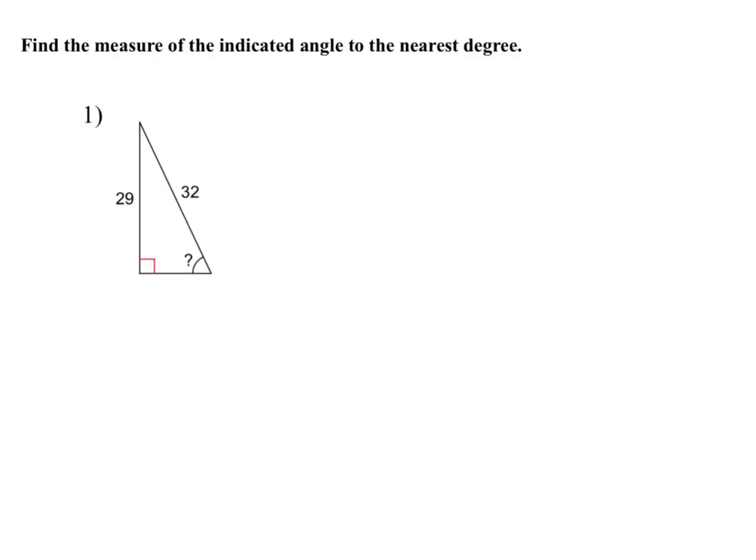So let's do an example. Number 1. It says, find the measure of the indicated angle to the nearest degree. So we're going to do SOHCAHTOA. And this time, notice they have a question mark where the angle is. We're going to put an X there.